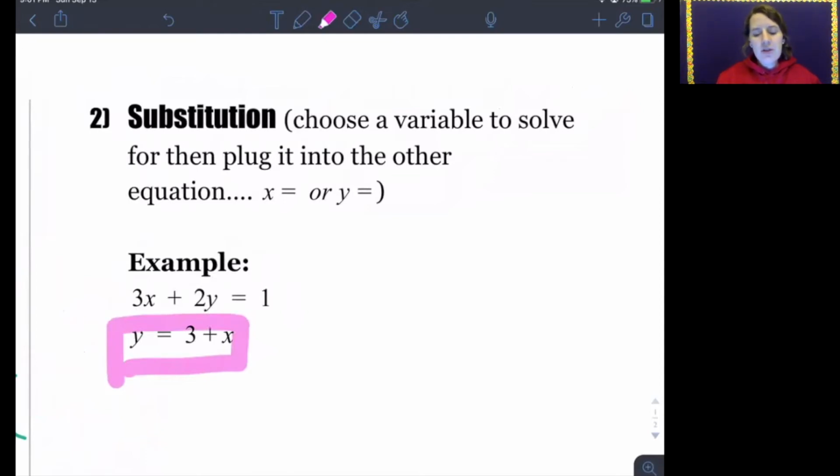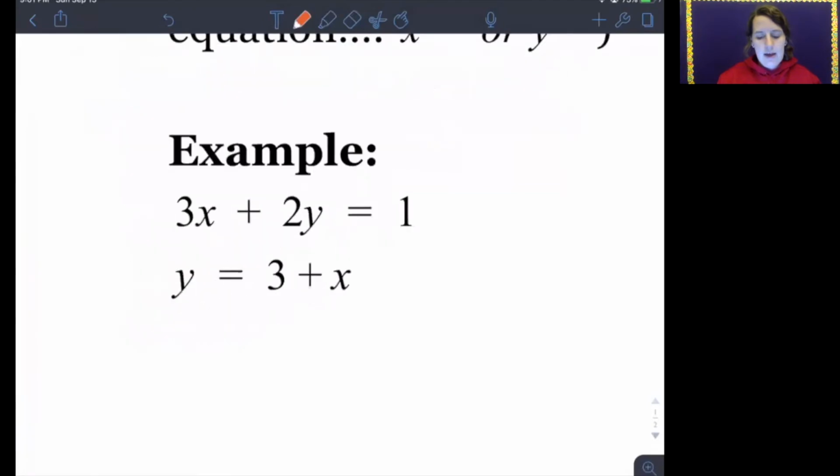So what we're going to do is replace our y in this top equation with this whole piece, because y equals 3 plus x. Anywhere I see a y, I can replace it with 3 plus x.